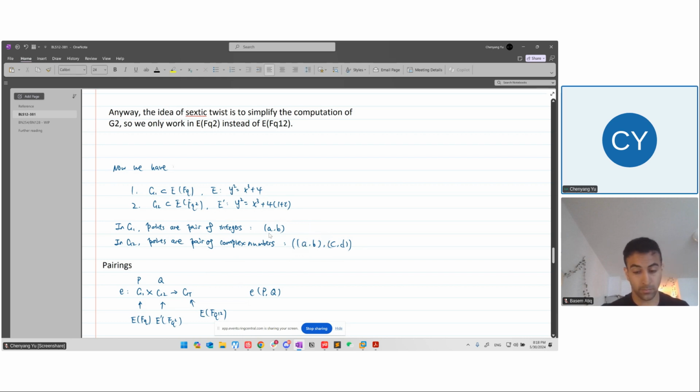Just think about this one. This one is like an integer, but this one is like a plus bi, and c plus di. So the x coordinate is a complex number and the y coordinate is also a complex number, which makes the point represented by 4 numbers, but G1 is just 2.